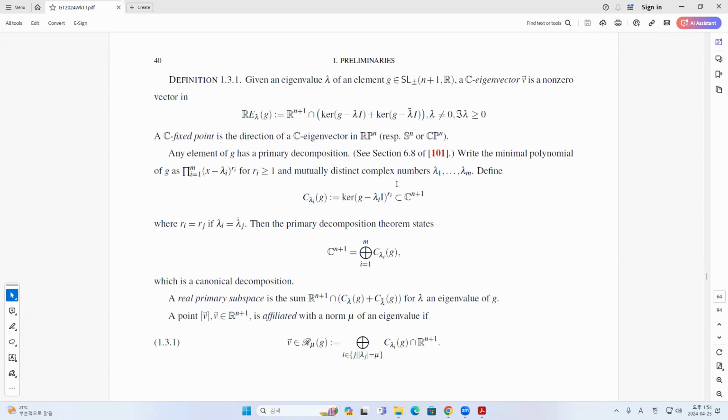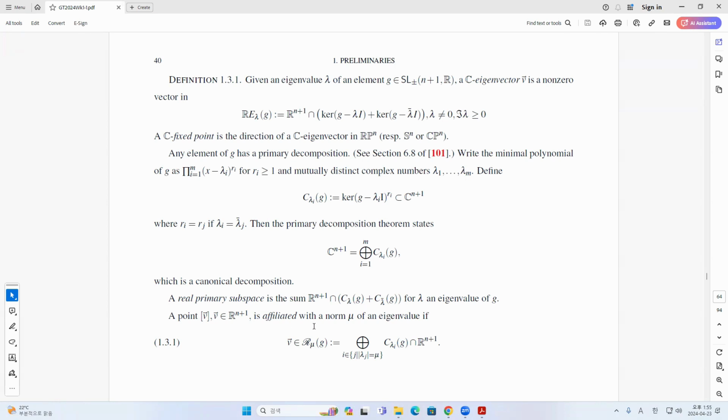If you look at the kernels of these, there's a unique way to write this, and then C^n will be the direct sum of these. And the real primary subspace is you sum with the conjugate subspace, and then you take the intersection.